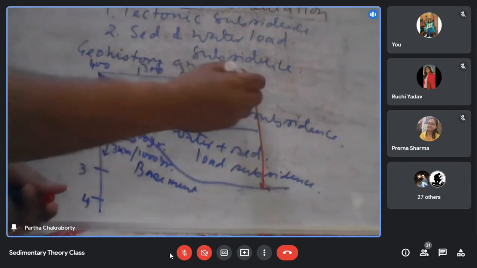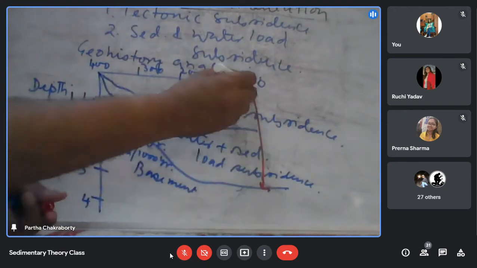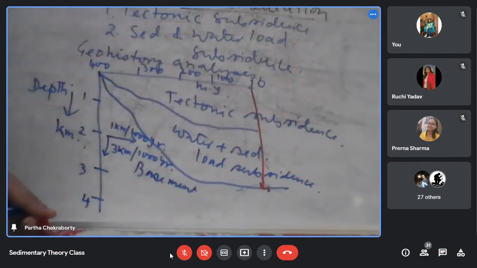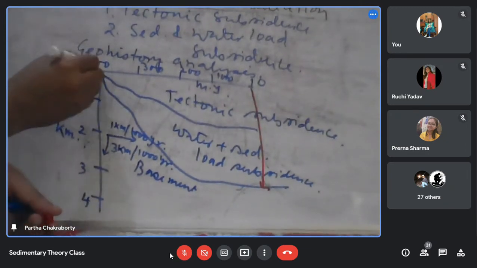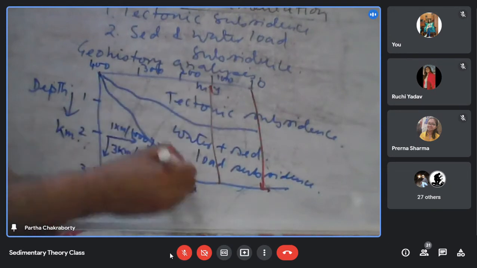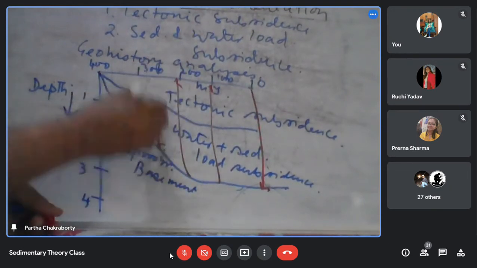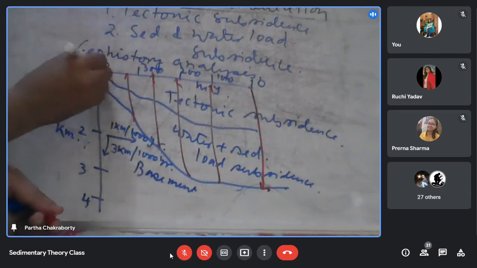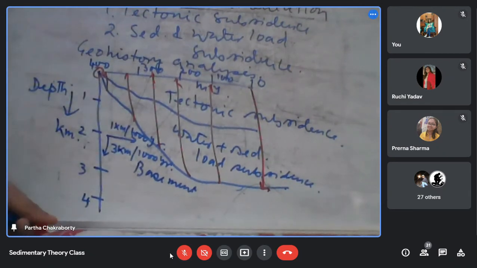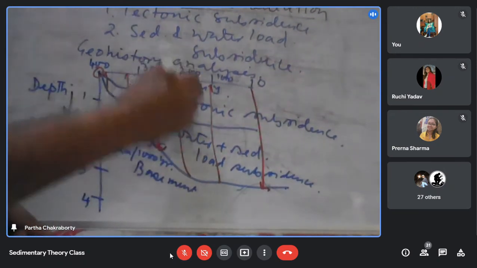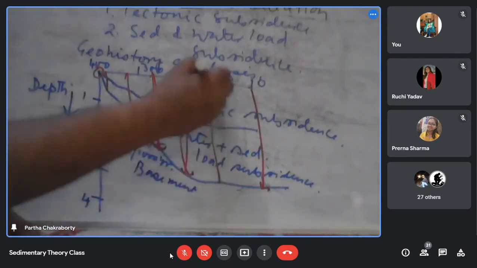So if the present day basin depth is this, and I track back to 400 million years, how the basin was subsiding, I am tracking back to different time periods, going back to the initiation of the basin, and telling that at this time the basin was in this condition, at this time in that condition.